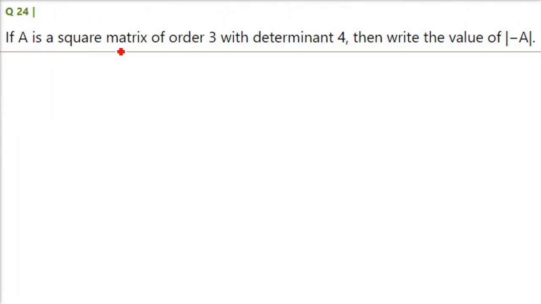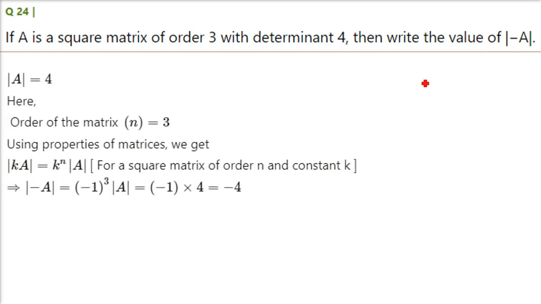If A is a square matrix of order 3 with determinant 4, then write the value of determinant of minus A. The minus is outside, so you can take a minus outside. How? We just saw in the previous question that if we have a determinant with a scalar multiplied inside, minus means you can write it as minus 1 into A, inside the determinant.